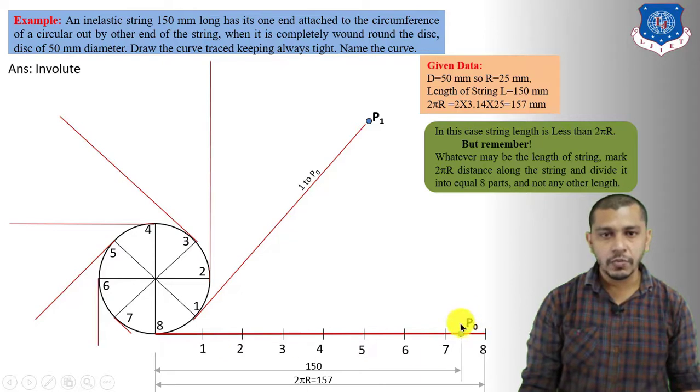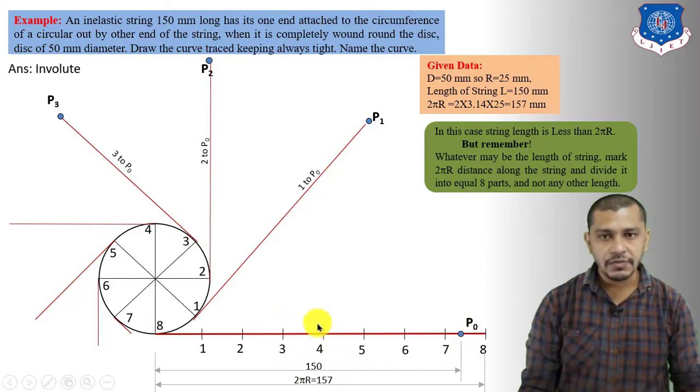Now measure the 2 to P0 distance on the rounder. Take center 2 and mark P2 over here. Make sure that the distance 2 to P2 is equal to 2 to P0. Now measure 3 to P0 on the rounder, put your rounder at 3, and mark point P3. Now measure 4 to P0, put your rounder at 4, and mark point P4.